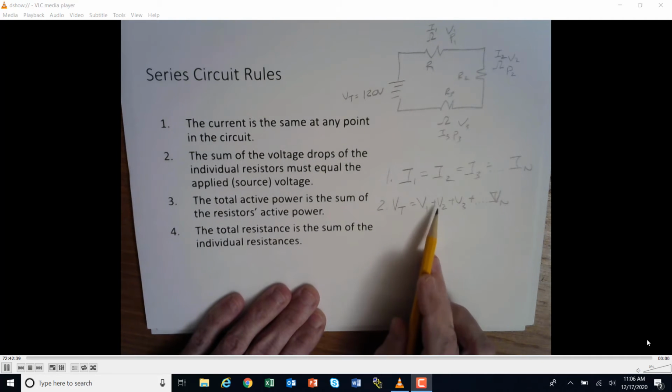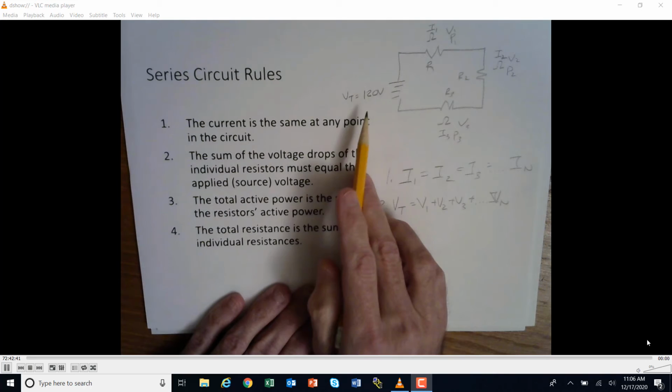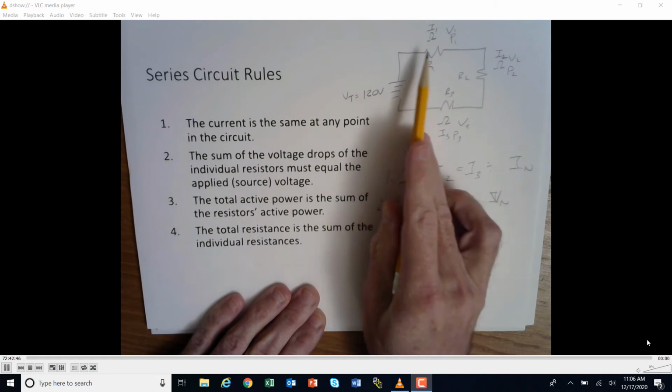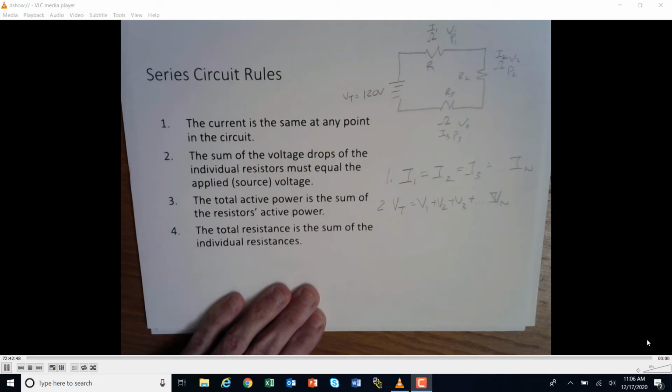These just all add together. So in this case, 120 volts would have to equal V1 plus V2 plus V3. Those are our 3 loads. All right, so that's the math there.